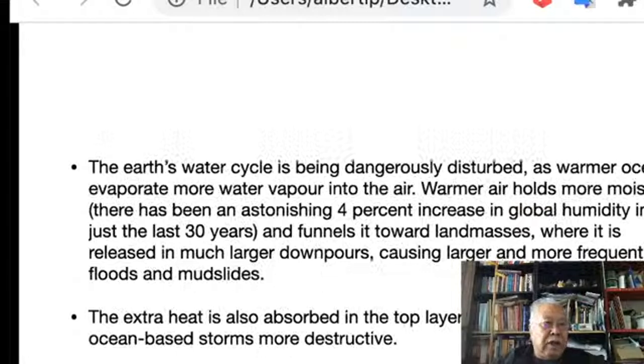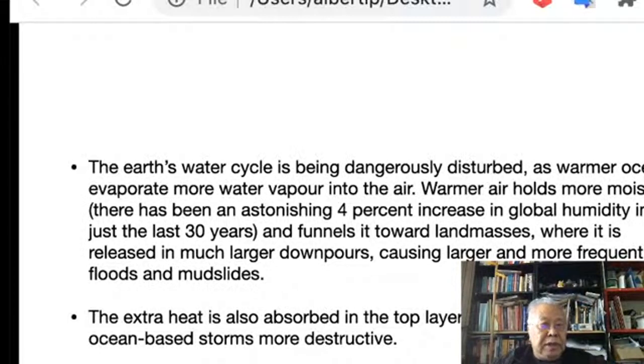The Earth's water cycle is dangerously disturbed. Warmer oceans evaporate more water vapor into the air. Warmer air holds more moisture, and therefore, when it reaches the land, it will produce much larger downpours, causing larger and more frequent floods and mudslides. The extra heat is also absorbed in the top layer of the oceans, which makes ocean-based storms much more destructive.